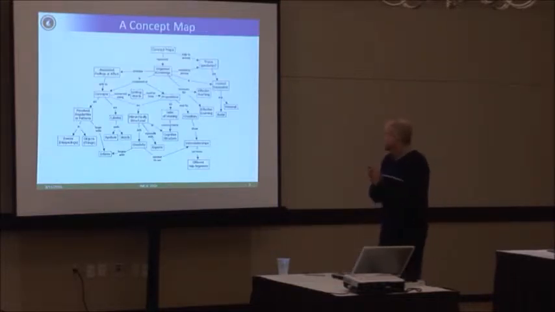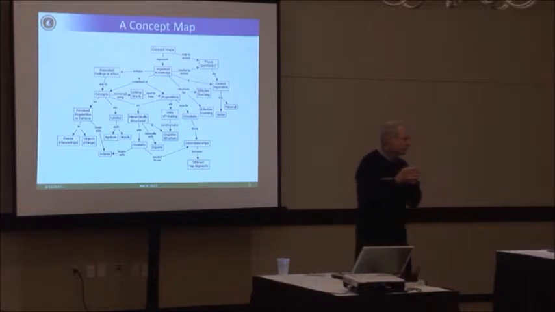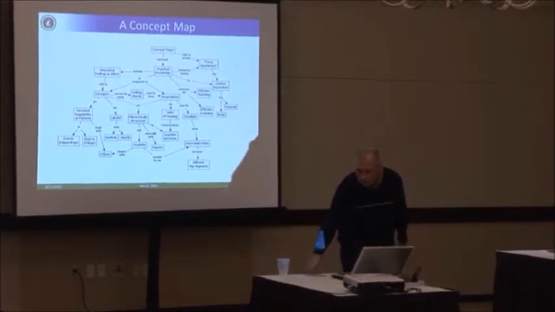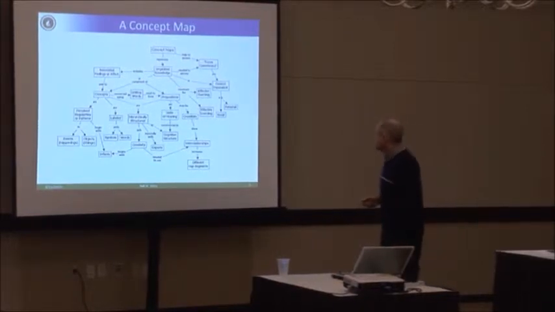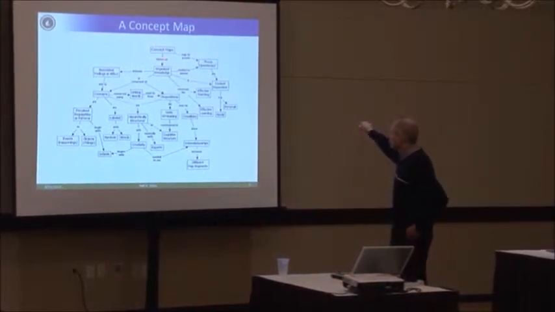So I wanted to start by showing you a concept map. I'd be quite curious to know how many among you know what concept maps are, by a show of hands. Okay, very few. Concept maps are essentially graphical representations of knowledge that are comprised of triples. So you can see concept maps represent organized knowledge. Organized knowledge is comprised of concepts.